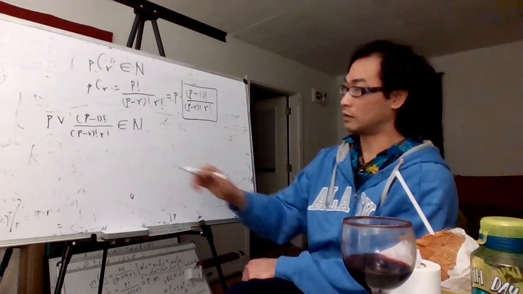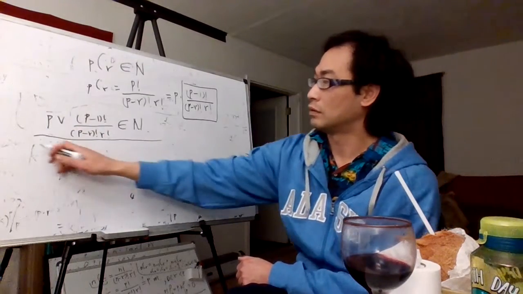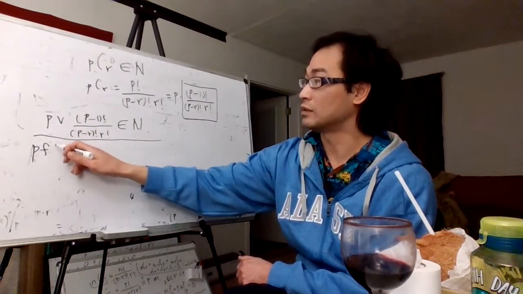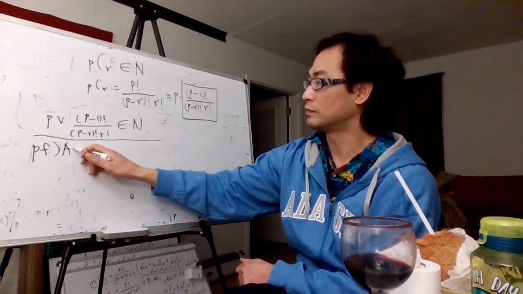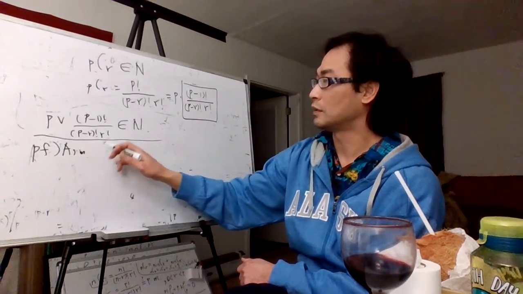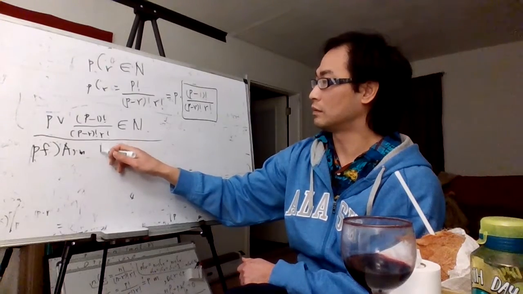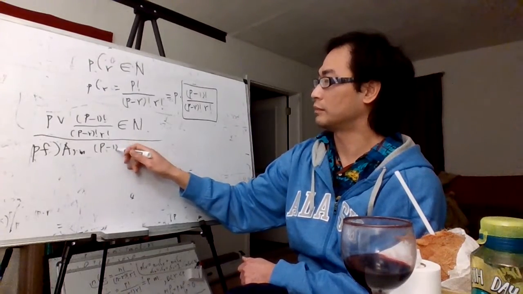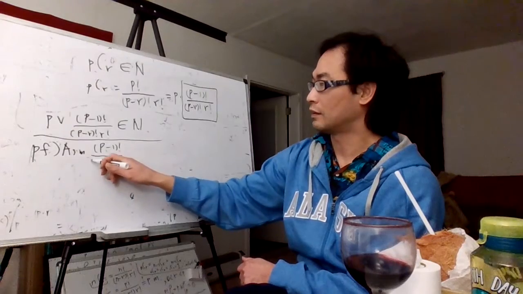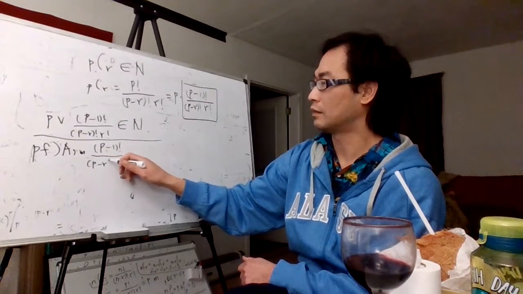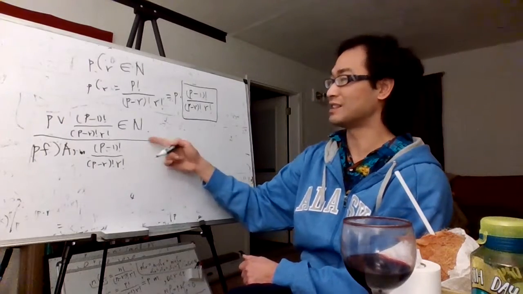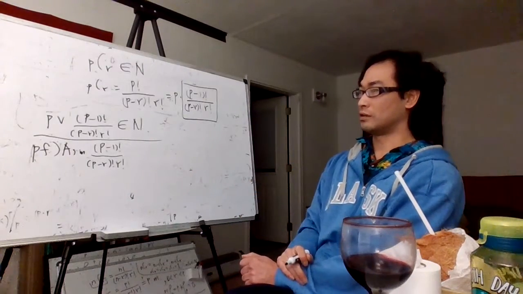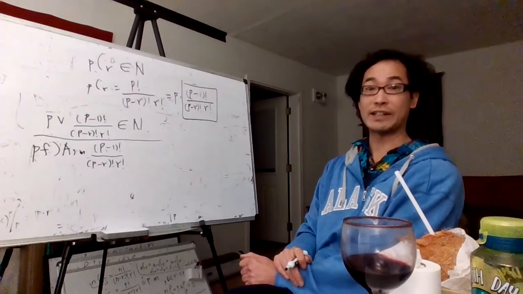Okay, proof by contradiction. Assume this is not a natural number, but let's assume it's a fraction then.